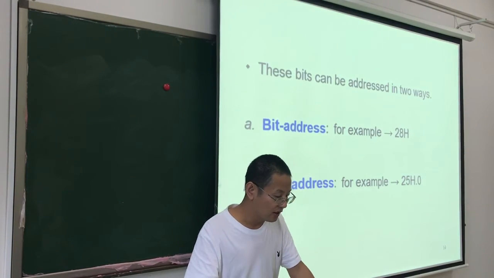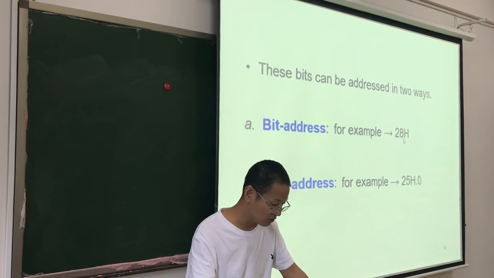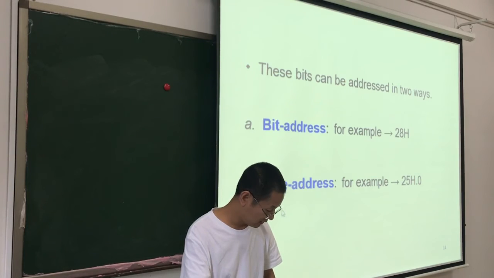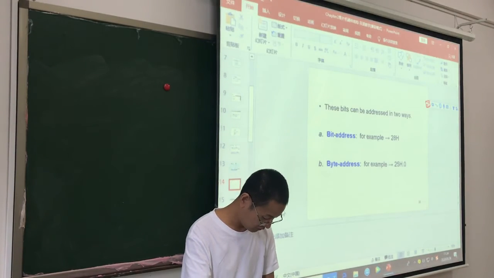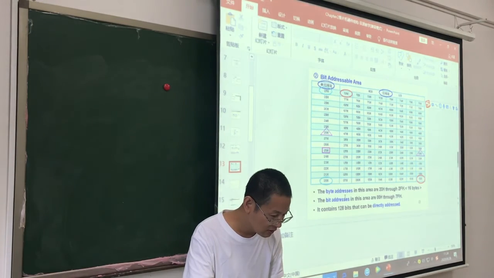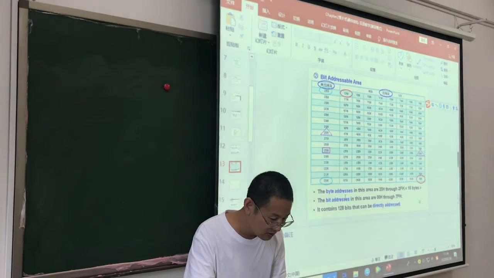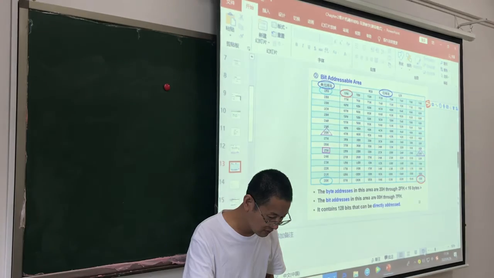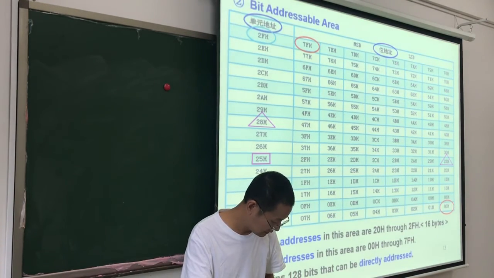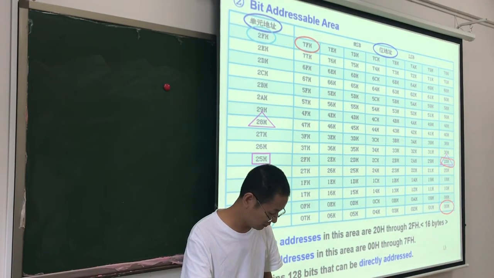For example, this bit can be addressed in two ways. Bit address, for example, 20H. Here is 20H.